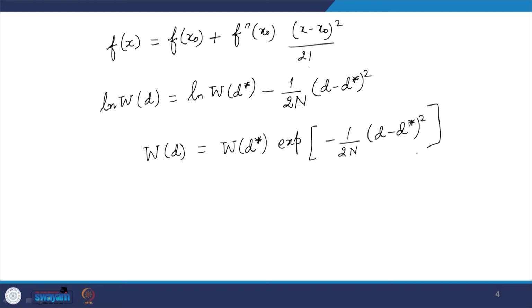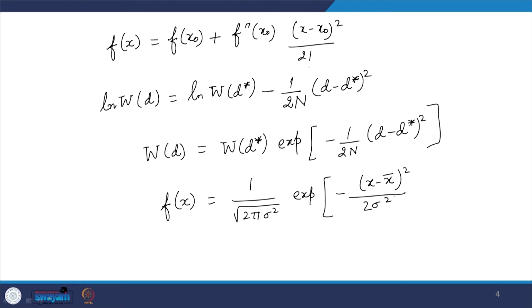And if I again compare with the expression of the Gaussian distribution, it is important to mention here that whenever we compare this, I am only comparing the term inside the exponential, not the prefactor, right.